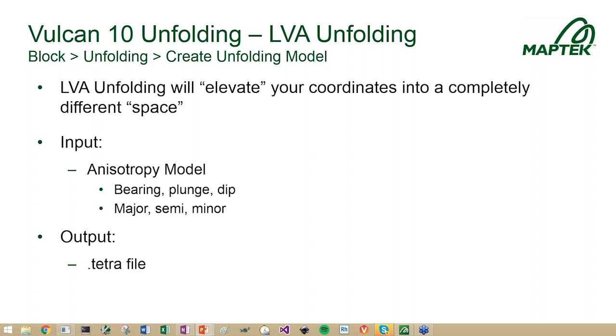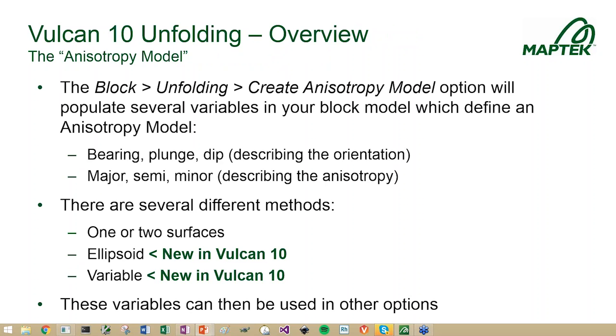Okay, so let's talk about that input though, that anisotropy model, and where it comes from, and now in Vulcan 10, the new ways that you can get it. Like I mentioned, that anisotropy model is a block model which defines a bearing, plunge, and dip and a major, semi, minor as variables. The bearing, plunge, and dip describe the orientation, and the major, semi, minor describe the anisotropy.